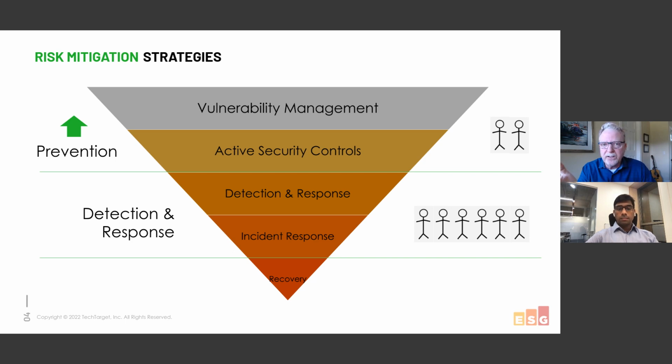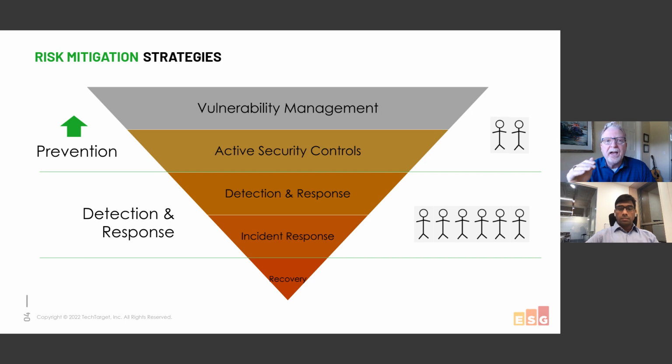As we think about defense in depth or a layered approach to security, we think about attack surface reduction way at the top of this funnel, for reducing the number of entry points or reducing the amount of risk at the top. So we start there.